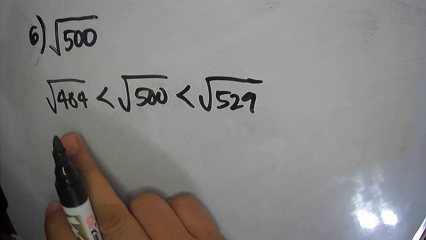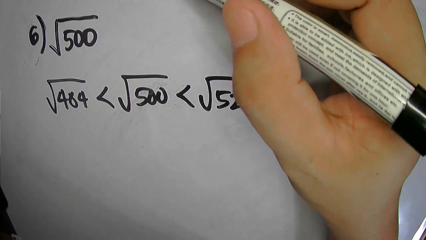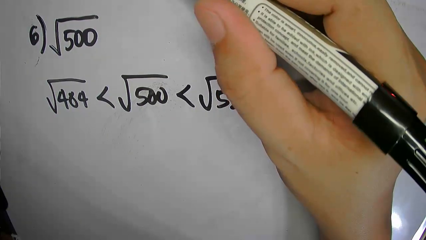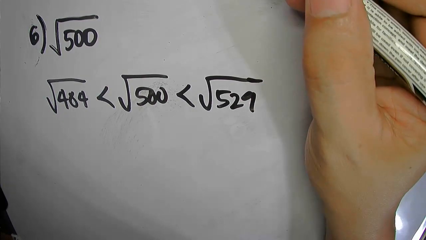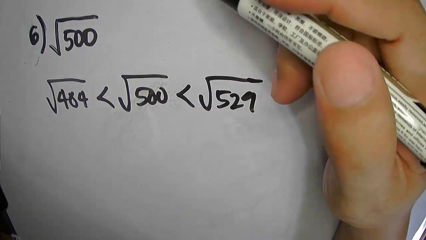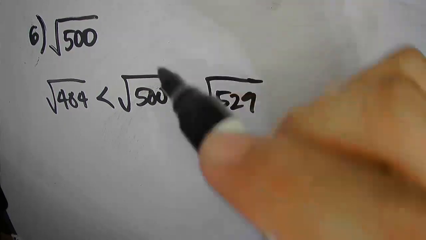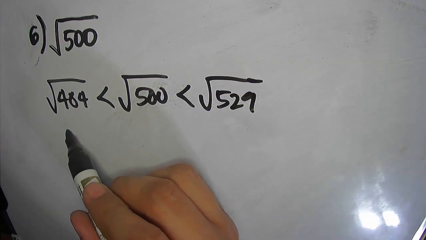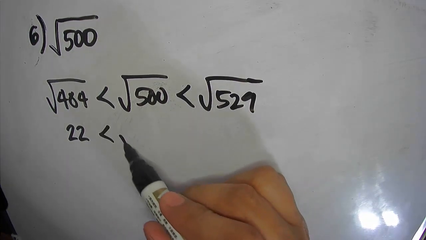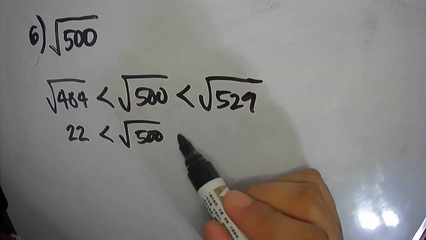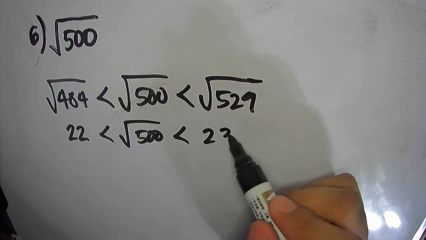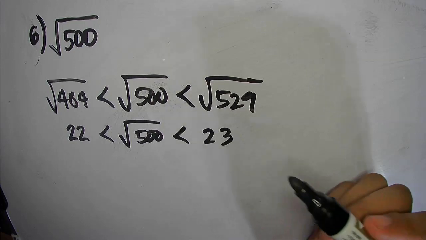Pag kinancel natin yung 22, so that's 22. Okay? The square root of 500 is less than 23, and that's 23 because it's 529.